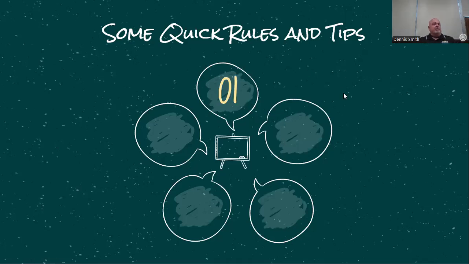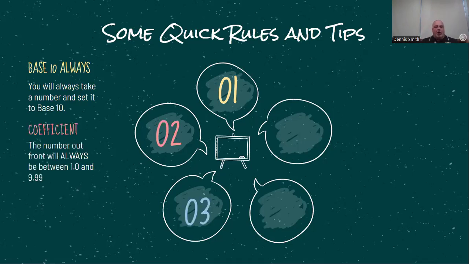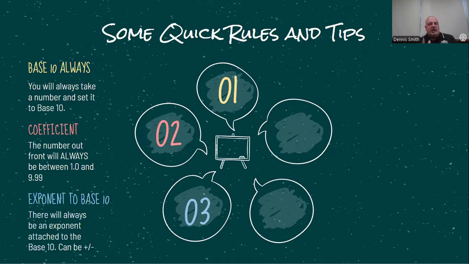So some quick rules and tips. First, base 10 always. You're always putting some coefficient, and you're going to take that number and multiply it by a base 10. Secondly, that coefficient, that number out front, will always be between 1.0 and 9.9, if it's in scientific notation. The exponent is always attached to the base 10. There will always be an exponent attached to the base 10.